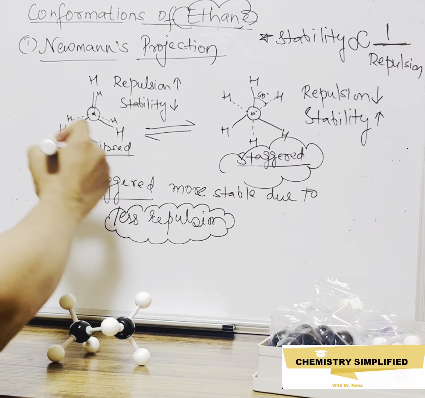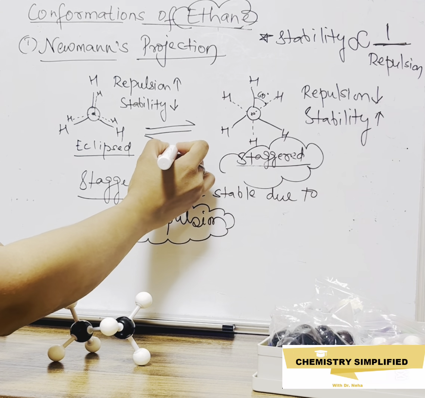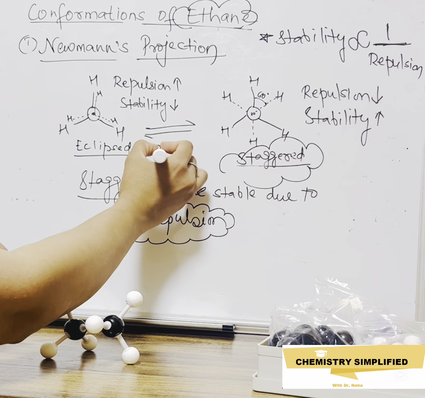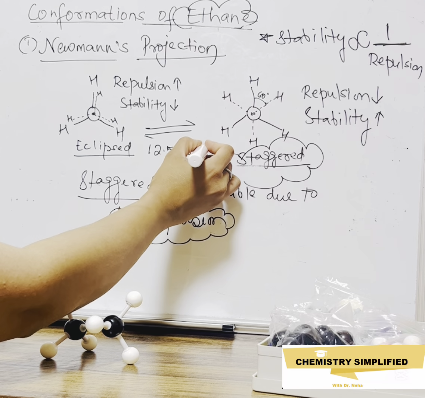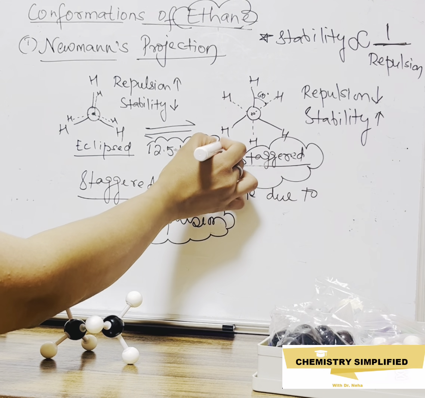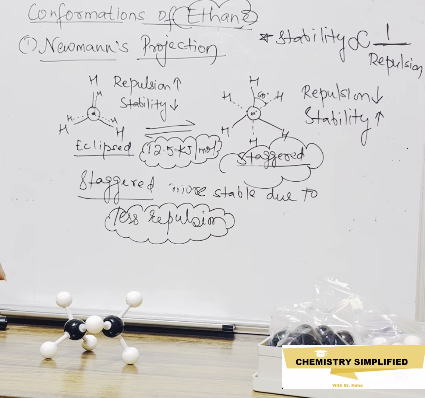Make a note: they have 12.5 kilojoules per mole, which is not a very high amount. So eclipsed can easily convert to staggered, and staggered can easily convert to eclipsed.